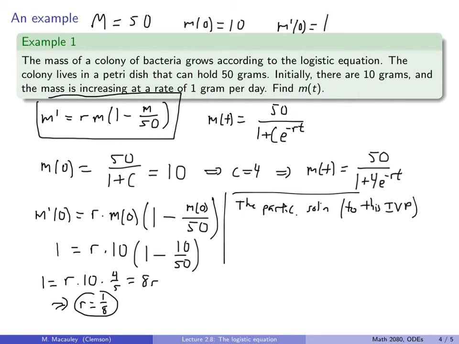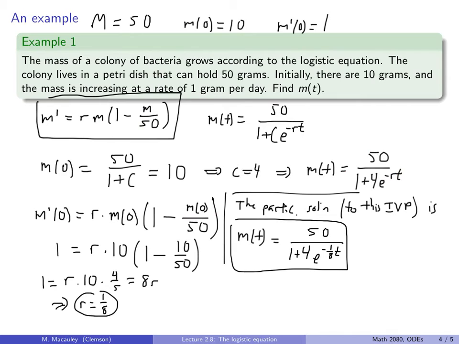The particular solution to this initial value problem is m of t. So let's take our old solution and plug in 1/8 for r. m of t equals 50 over 1 plus 4 e to the minus 1/8 t. There we go.